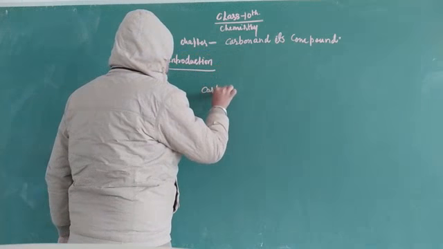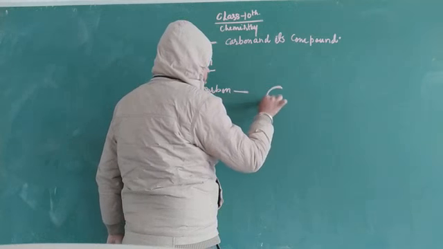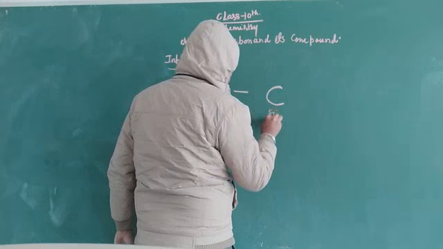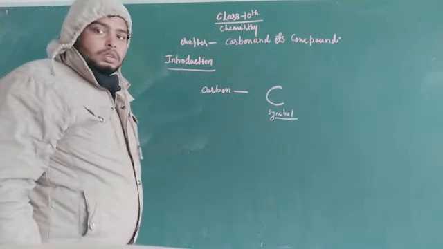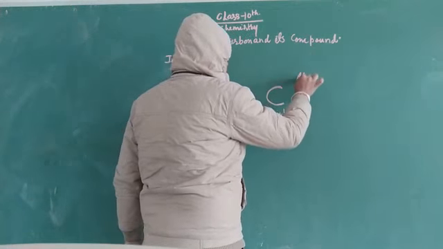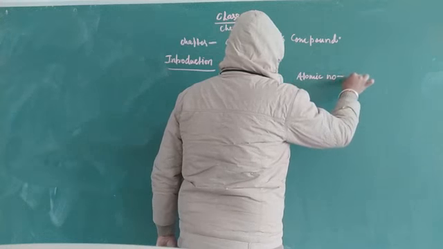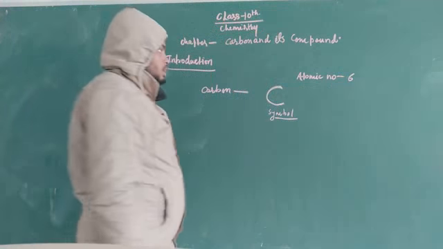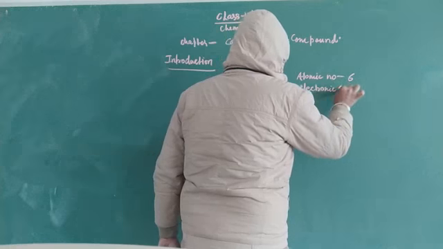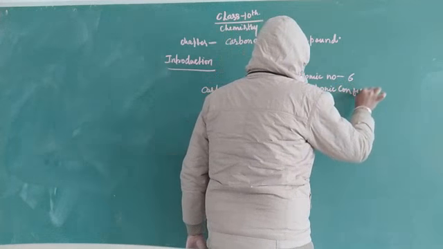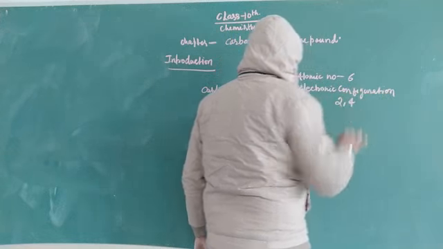Carbon. Symbol C. This is the symbol. Its atomic number is 6, and its electronic configuration is 2,4.